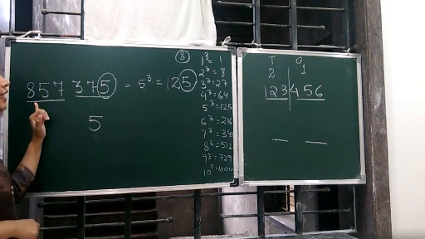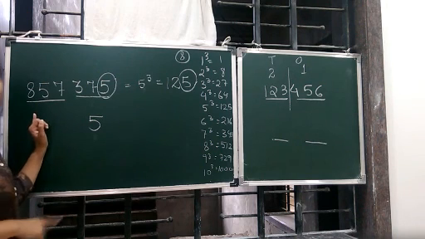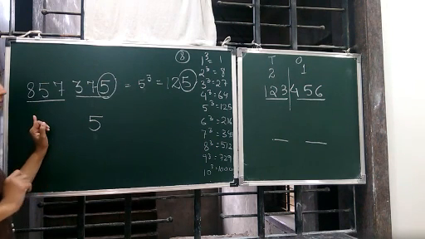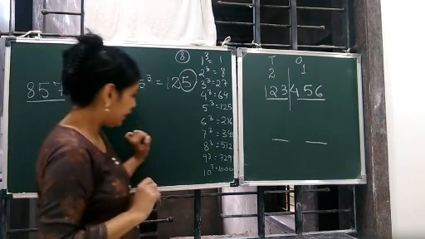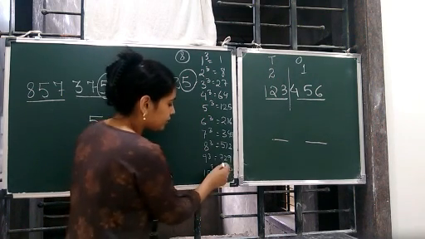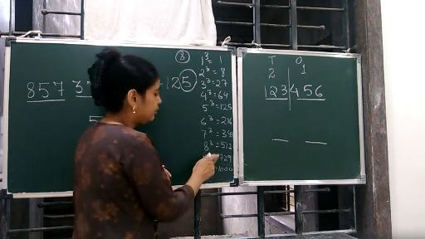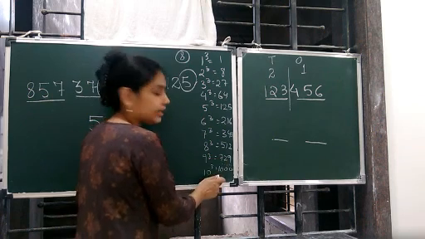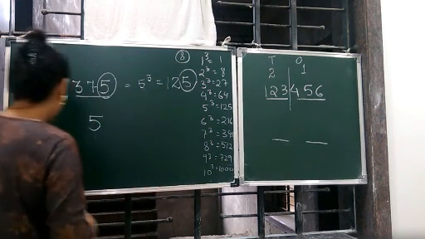Now you have to check 857 comes in between which two cube numbers. 857 will come somewhere here, in between 729 and 1000.